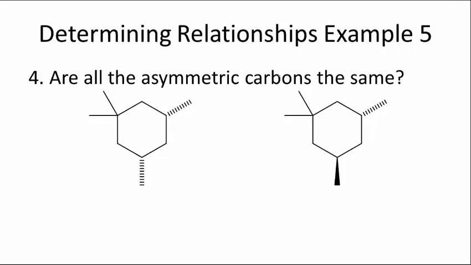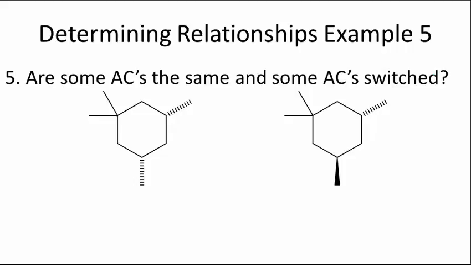Well, I look. They're shown in the same orientation, right? One of them has 2 dashes. One of them has a wedge and a dash. So are they all the same? No. Are some the same and some switched? Yes. If some are the same and some are switched, they are diastereomers. They can't be mirror images.